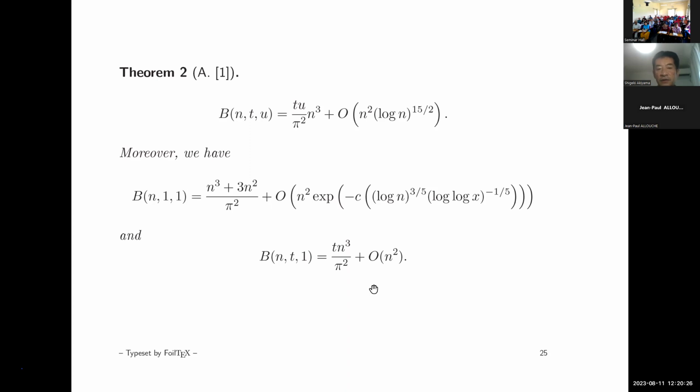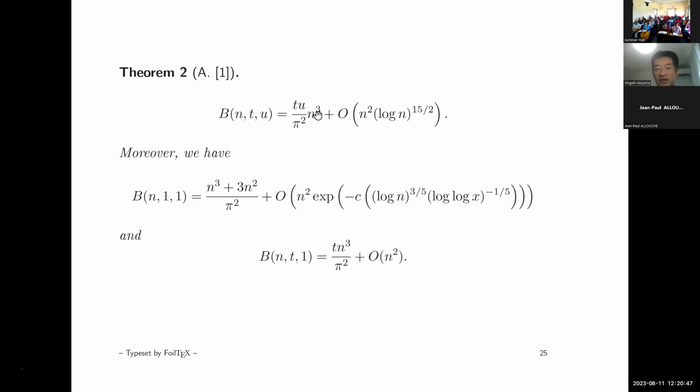And so my small contribution is that one can get an asymptotic formula. We get this kind of bound, and the nice thing is that the number of balanced words is cubic.